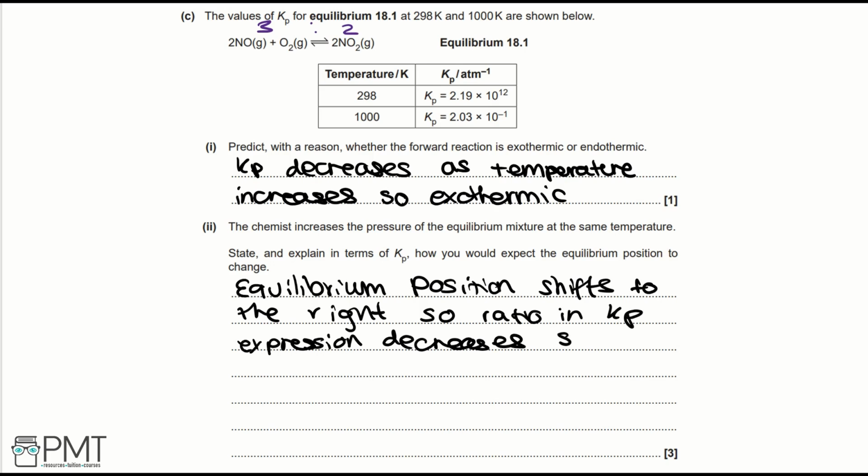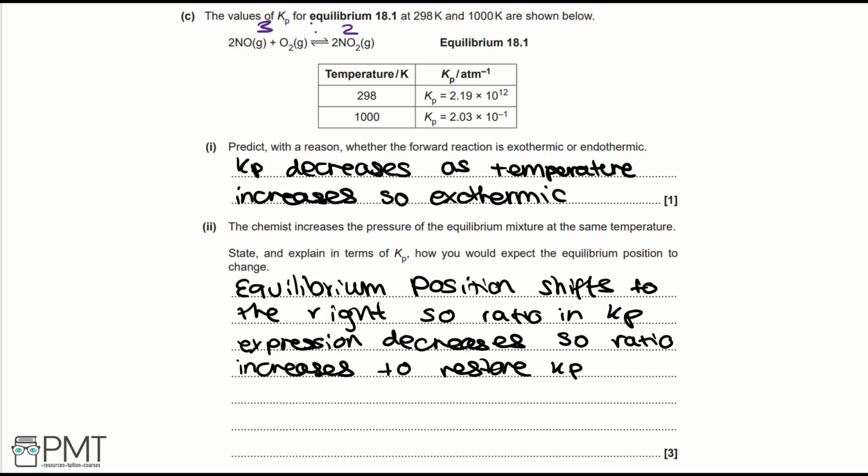And in any question where you're asked about Kp and the effect of Kp, you need to say the final thing would be the ratio increases in this case. It could be decreases, but the main thing is it's going to restore Kp, and this is a phrase you'll write in any question when you're asked about Kp and how it changes due to temperature or pressure or any conditions.